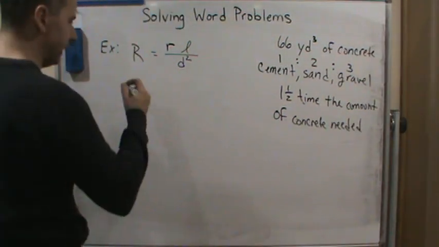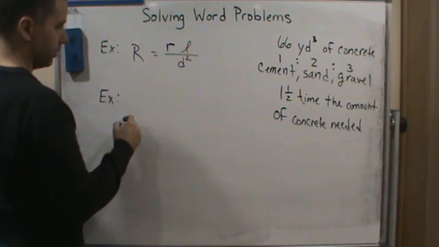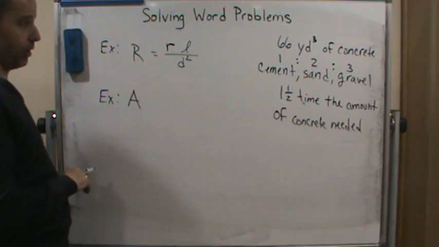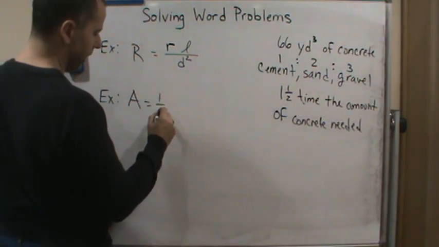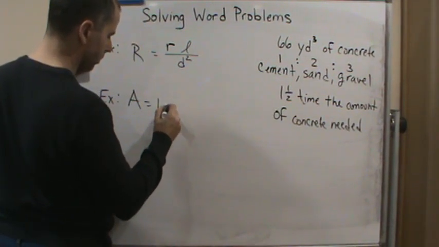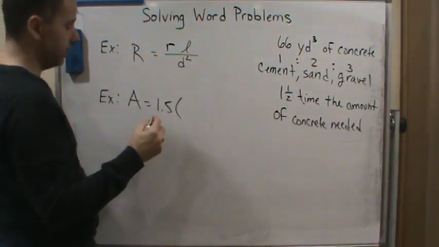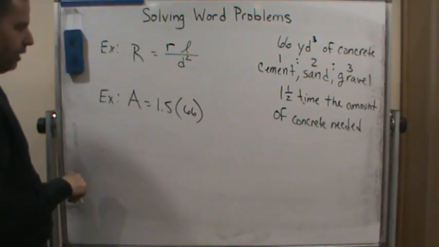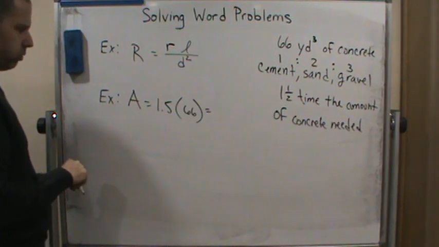So the amount of cement, sand, and gravel is equal to 1.5 times the amount of concrete needed for the job, which is 66 cubic yards. So that means, what are we going to have?